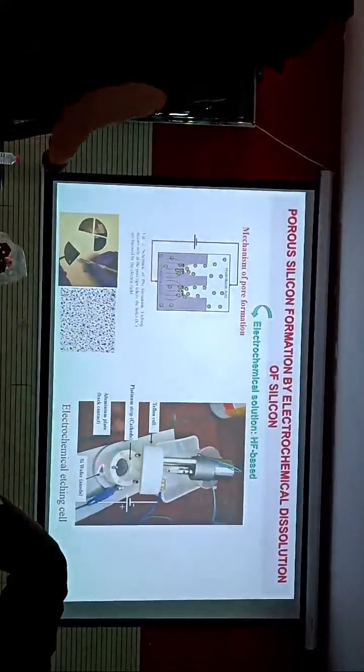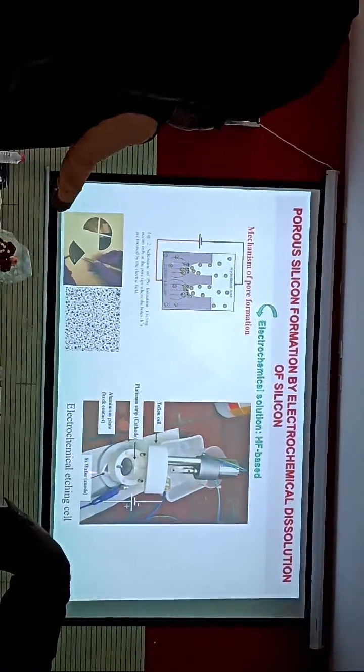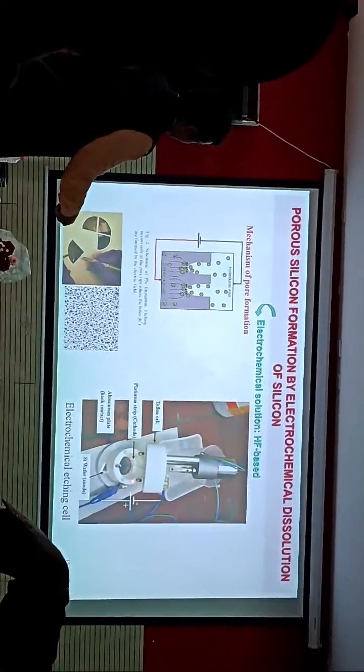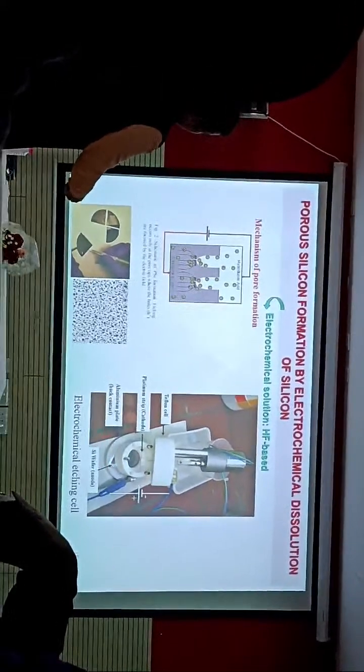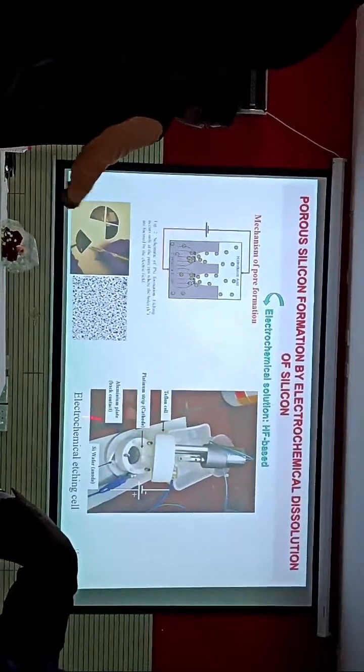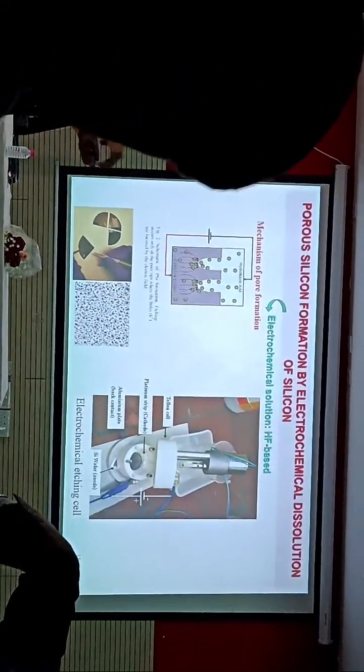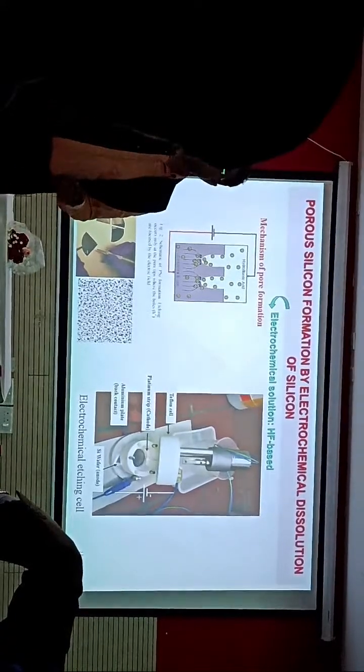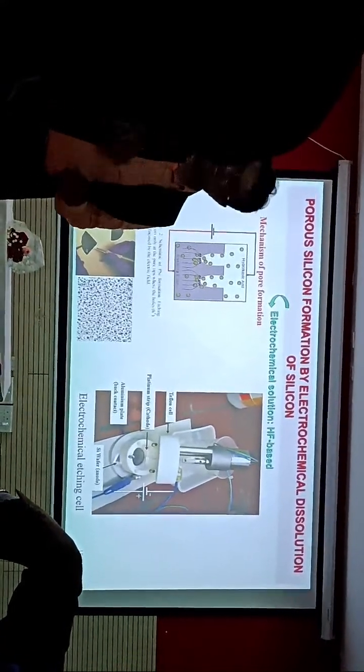So here we have the silicon wafer. This is the electrochemical cell. This platinum acts as a cathode, and on that you have an aluminum plate, and then Teflon. This is made of Teflon, and this is a motor which can rotate your cathode for homogeneity of the porous silicon that you are making.